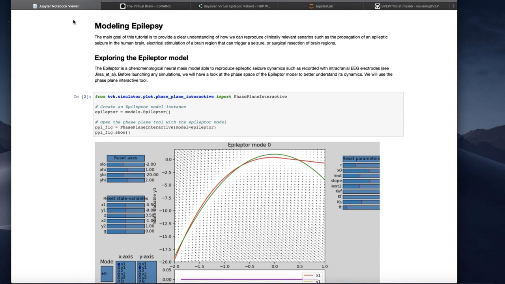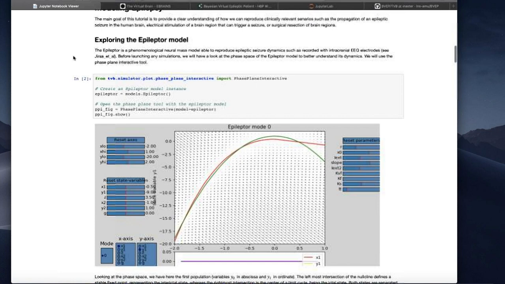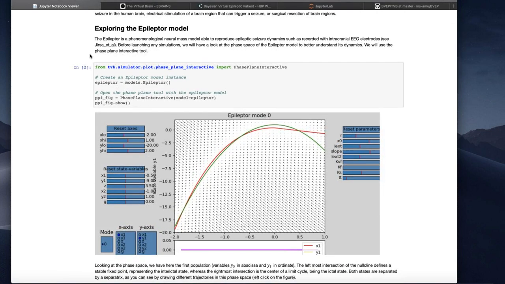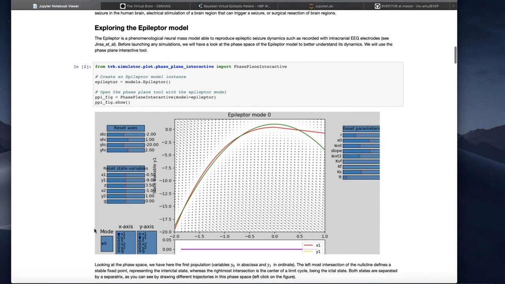You can find them also on the TVB documentation website. So here you have the possibility to explore the Epileptor model and visualize the bifurcation I talked about.